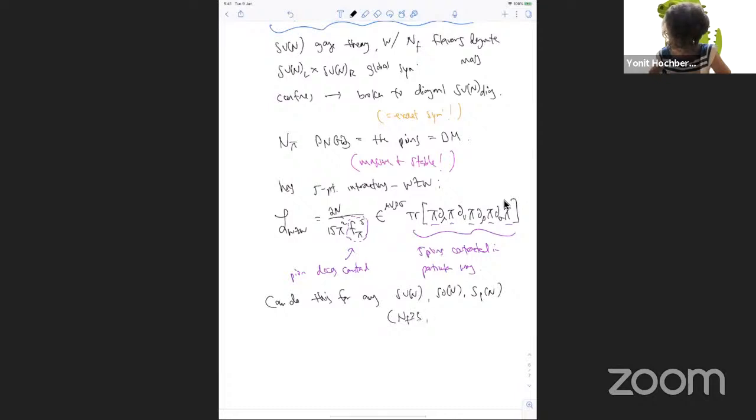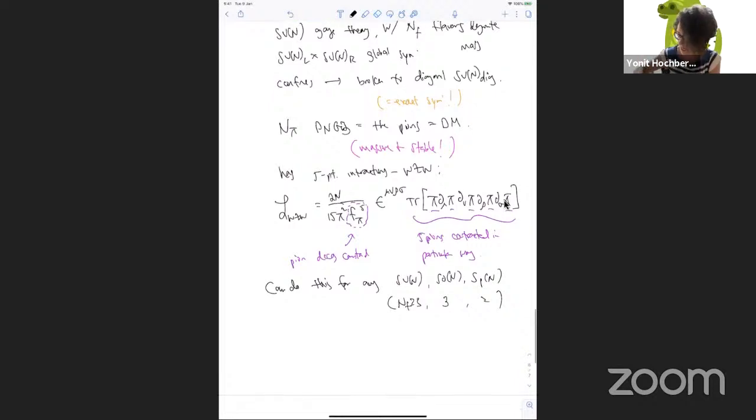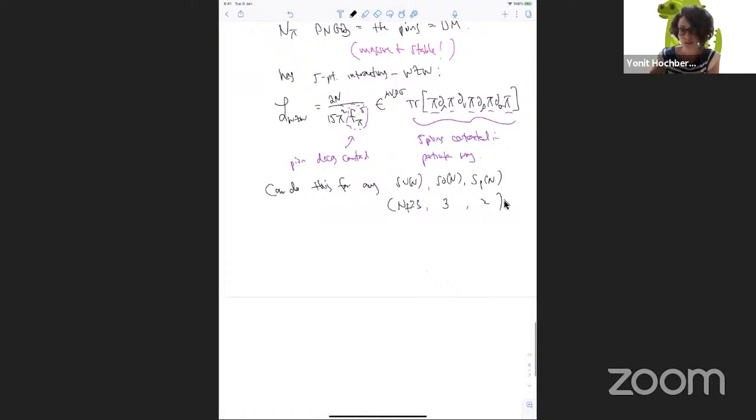So here you need at least 3, here again you need at least 3, NF larger than 3 here, and in this case, larger than 2. But as long as you have enough flavors, this is something that you always get. And from this Wess-Zumino-Witten Lagrangian, you end up with a 5-point interaction, which takes 3 pions and annihilates them into 2 pions, giving you the SIMP process that we discussed.